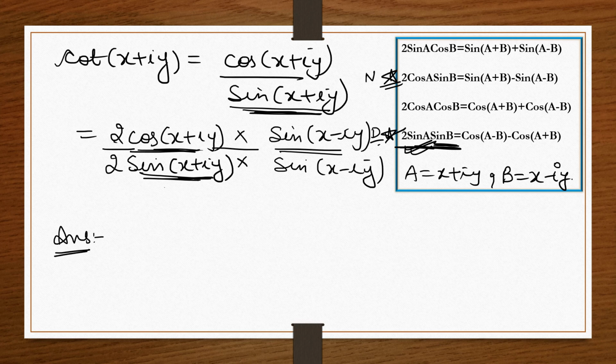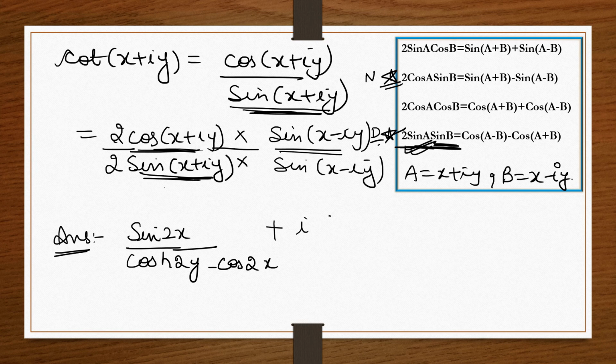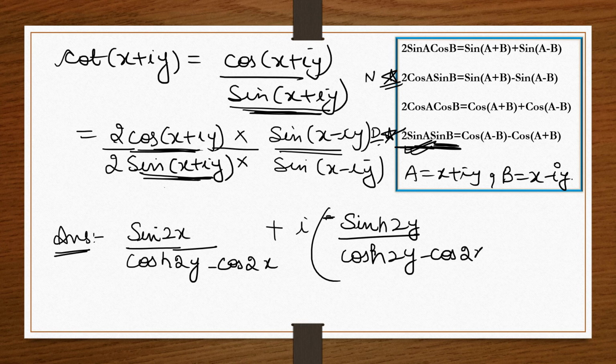sine 2x over cos hyperbolic 2y minus cos 2x, fine, and your imaginary part will be minus sine hyperbolic 2y over cos hyperbolic 2y minus cos 2x.